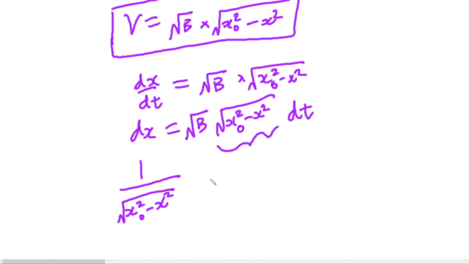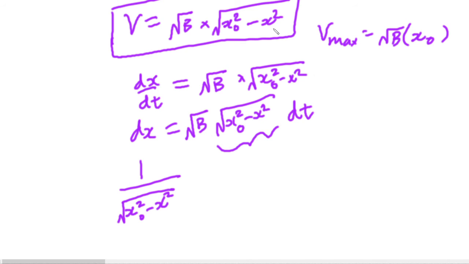By the way, you can think of this like the proportion of the maximum velocity, because Vmax is going to be when x is equal to 0, so Vmax is going to be equal to root b x0, because x squared is 0 when that term is at its maximum.